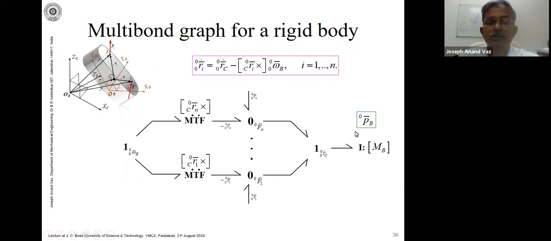And it has an angular momentum, it has a linear momentum. The momentum of the mass of the body B expressed in the frame 0.